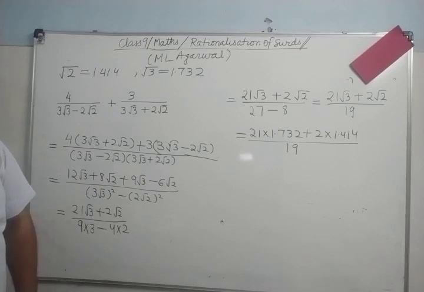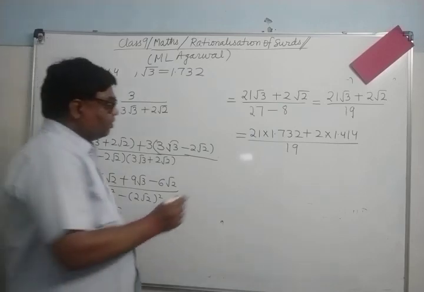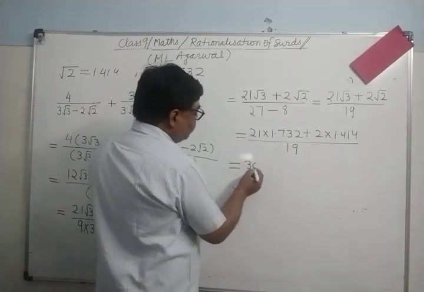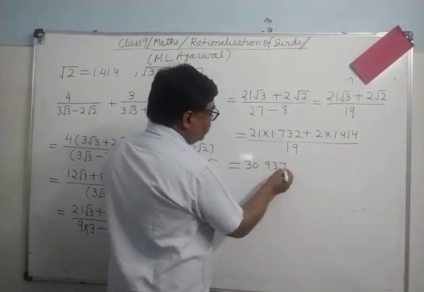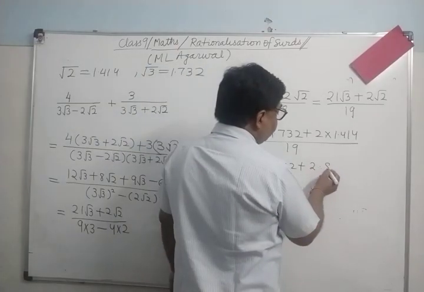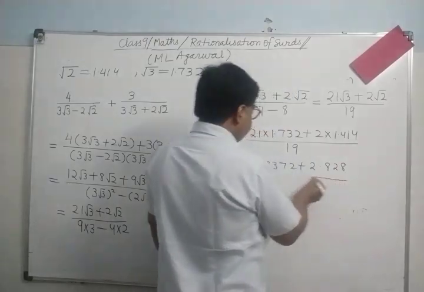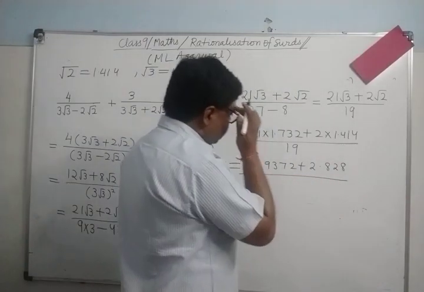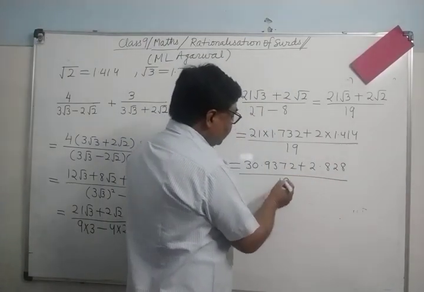1.732 into 21. So this comes out 30.9372. 30.9372 plus, when we multiply, 2.828. It's clear? Divided by 19.